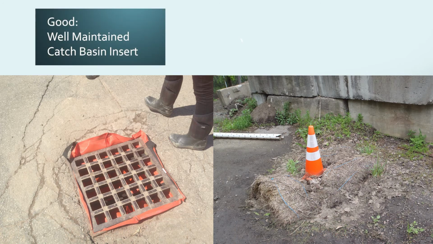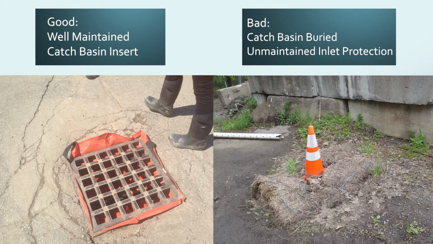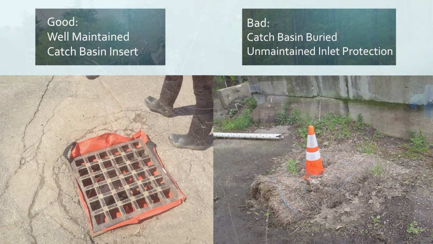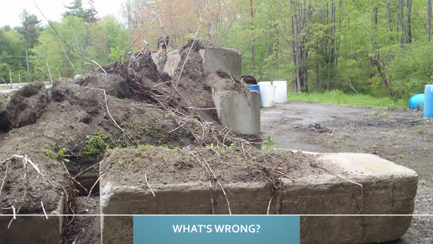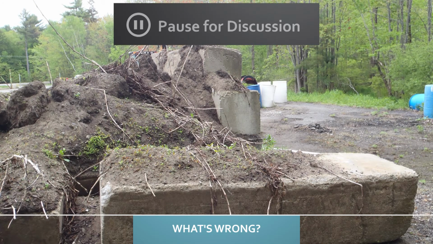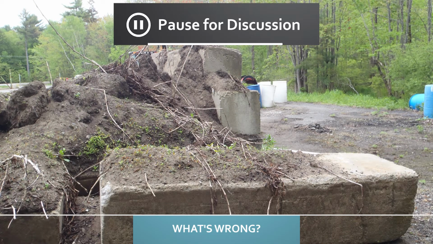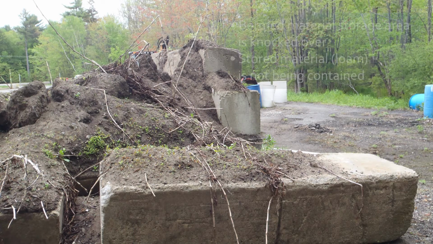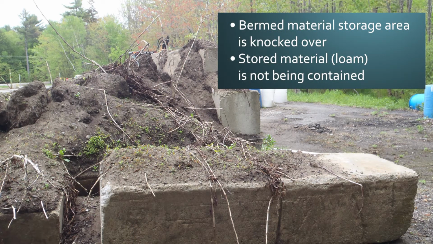Good: well-maintained catch basin insert. Bad: catch basin is buried, unmaintained inlet protection. What's wrong? The bermed material storage area is knocked over. Stored material, in this case loam, is not being contained.